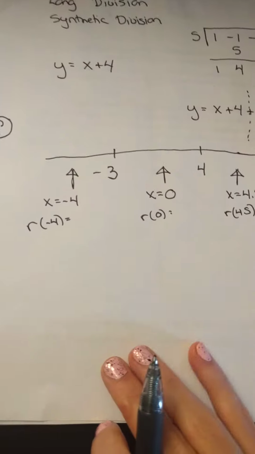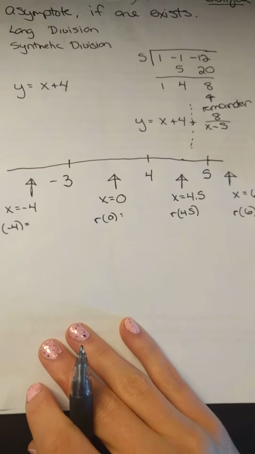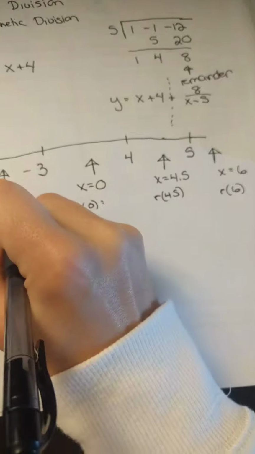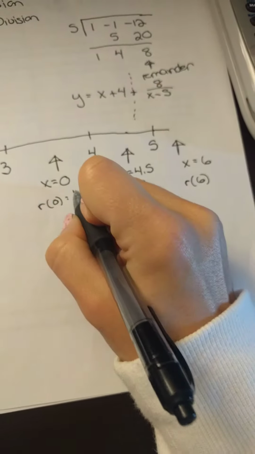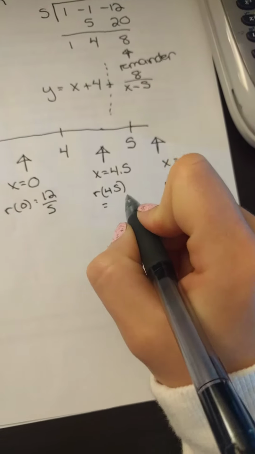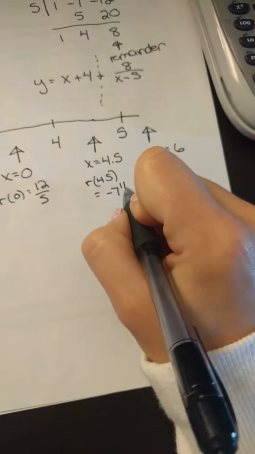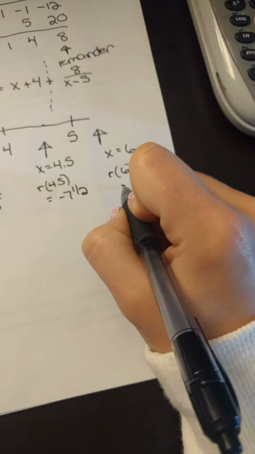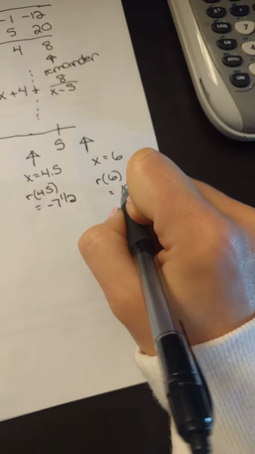In doing that, I went ahead and did this already to save a little bit of time. This will be negative 0.8 repeating. This will be 12/5. This will be negative 7 1/2. And this one will be 18.